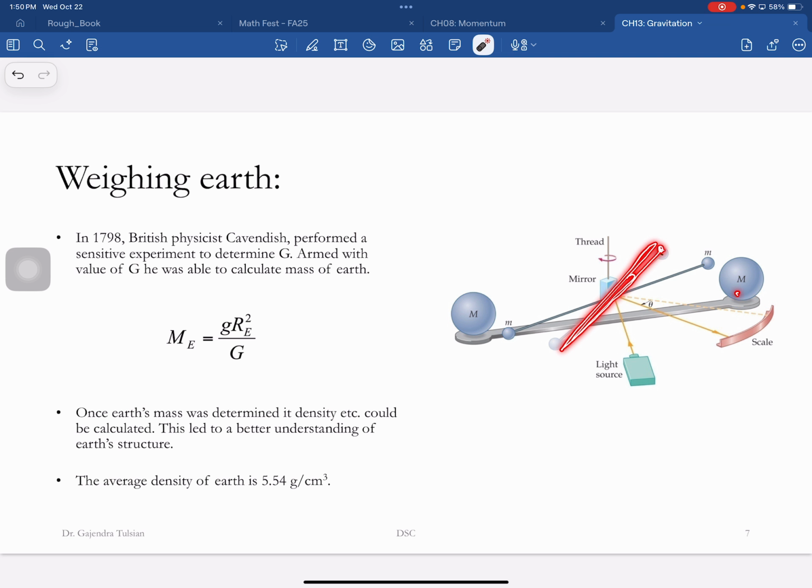We'll raise them and bring them next to these two little spheres. What does this massive guy do? He attracts him, and so this guy moves closer to him. This guy moves closer to him. The angle through which they twist will depend on the force of attraction.